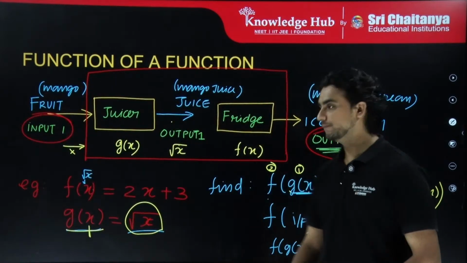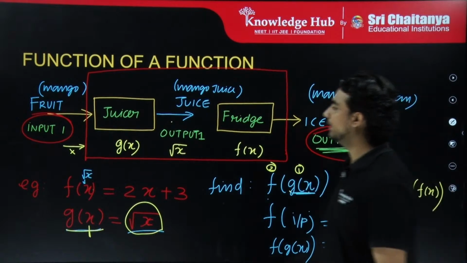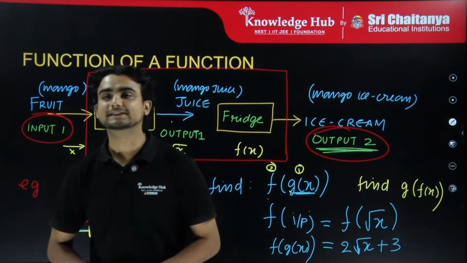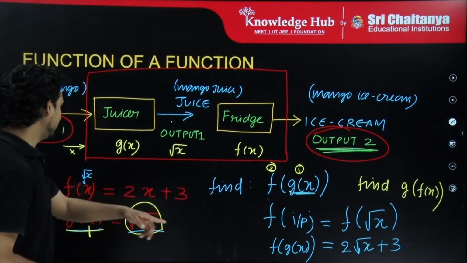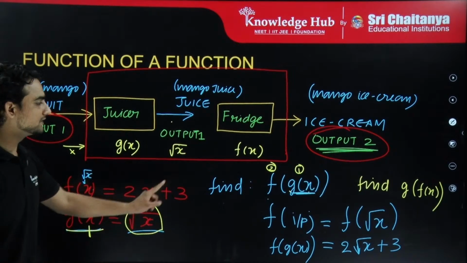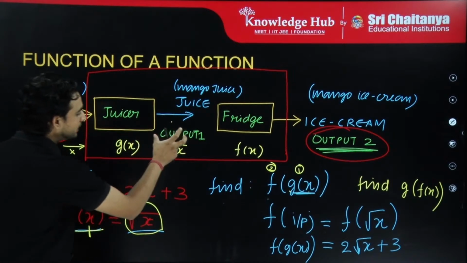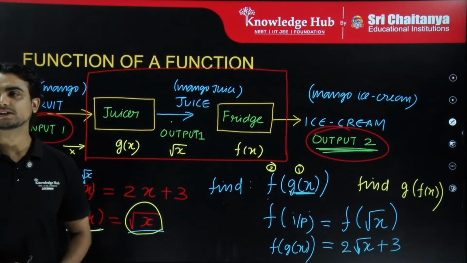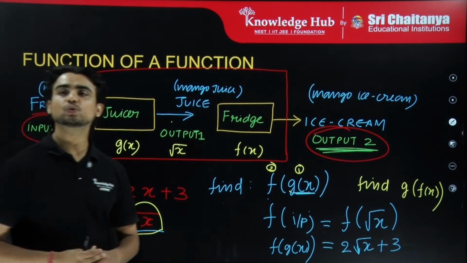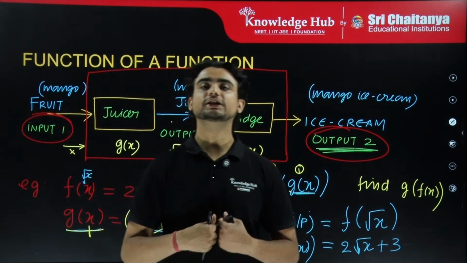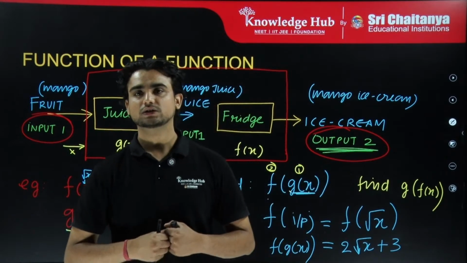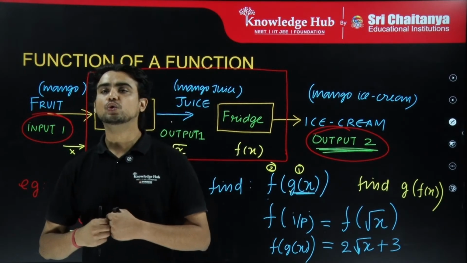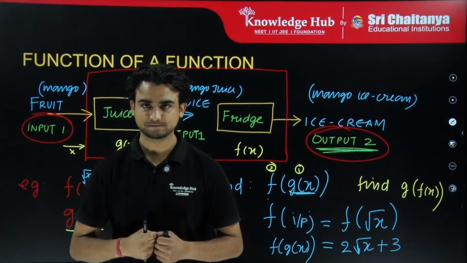Input will be x. So my first machine will now be f(x). So I'll get 2x plus 3. So now I'll get output 1 as 2x plus 3 and that will be given as an input to my machine 2, that is g(x). So the final result will be root of 2x plus 3.